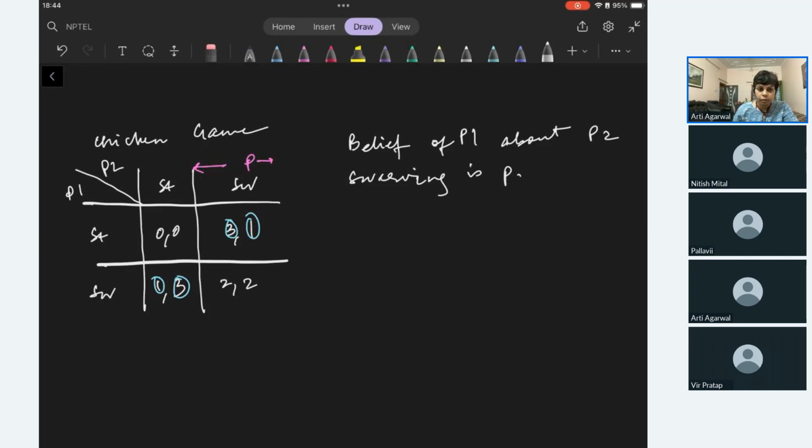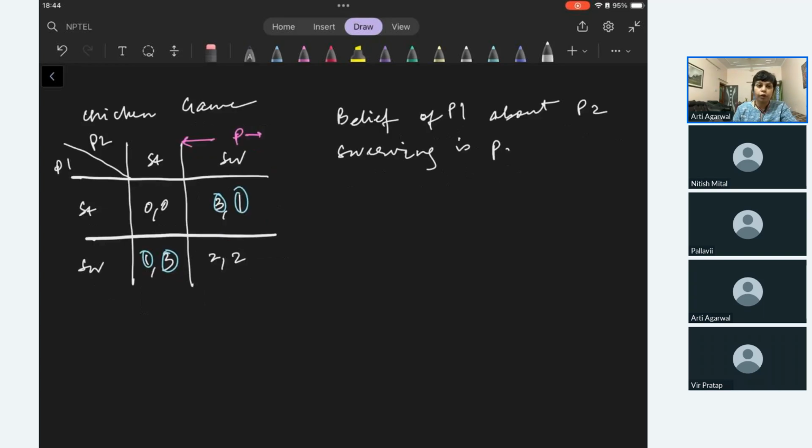I'm P1, so suppose. Okay, so then what I'm going to do is calculate my expected payoff. Now remember, when I'm calculating my expected payoff, I'm doing that on the basis of the probability of the other player doing something. I am not uncertain. I'm randomly picking, but the probability is always going to be of the other guy, not of mine. Many people make this mistake.